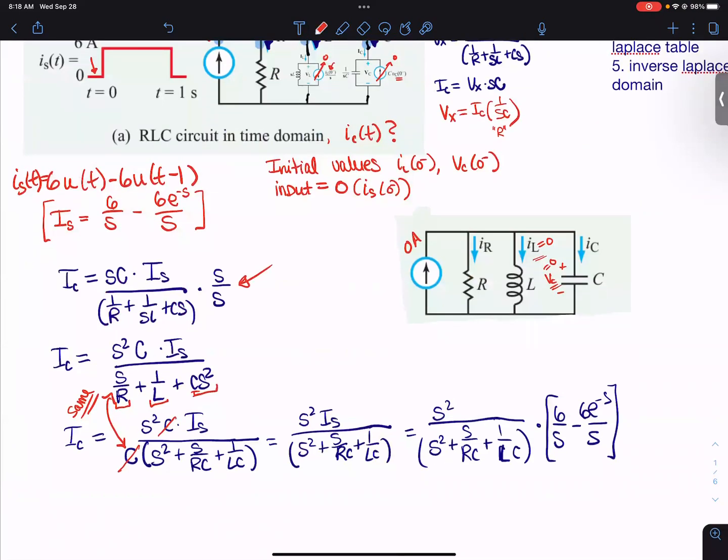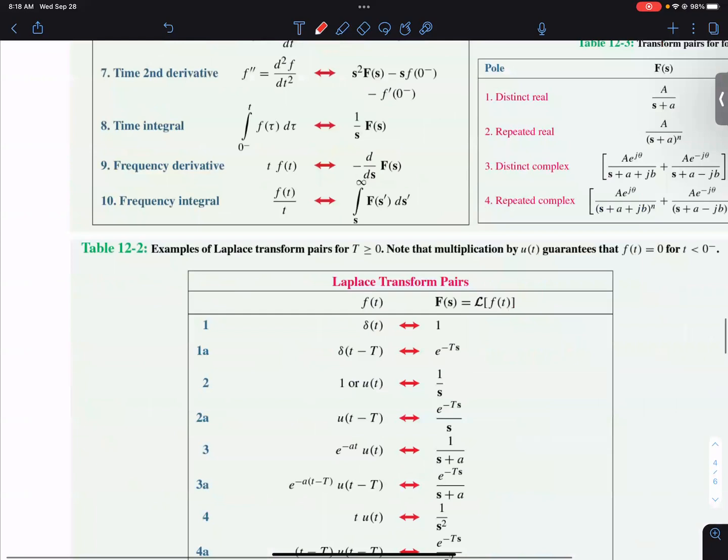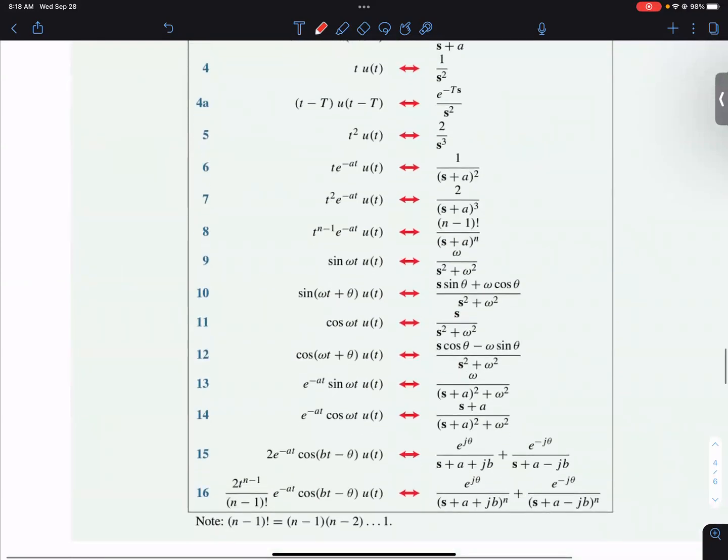And now we're going to get it into the form where we have just a single S, because that was where the tables, we see here on these tables that we either need to get it into one of these forms if we have an S squared, but none of them have a variable in front of it.